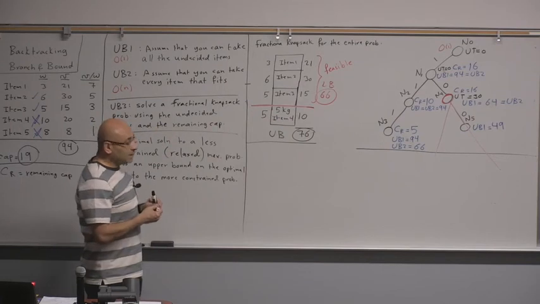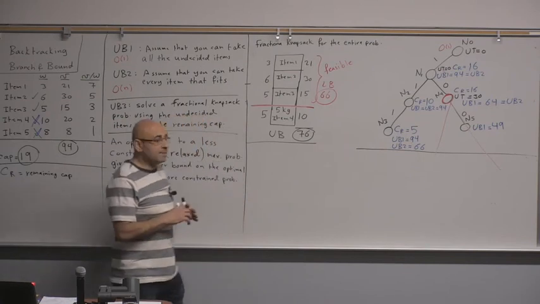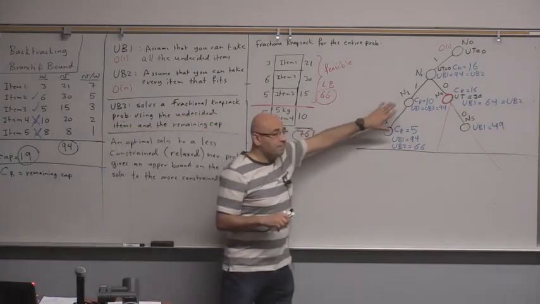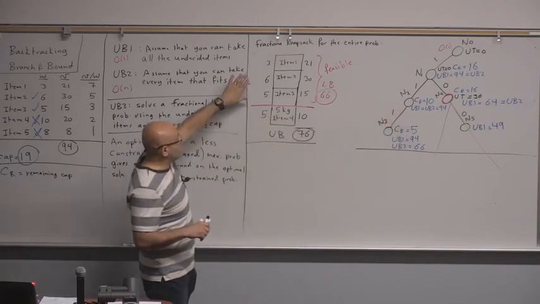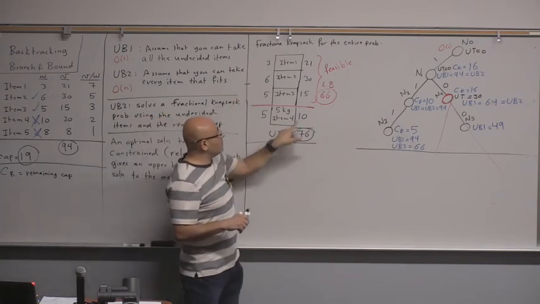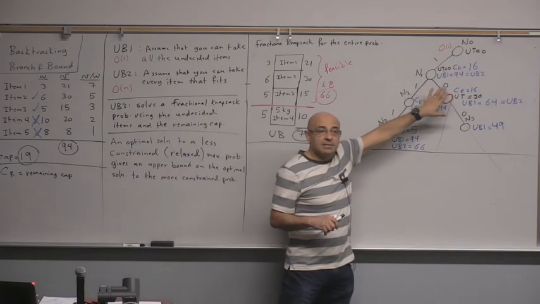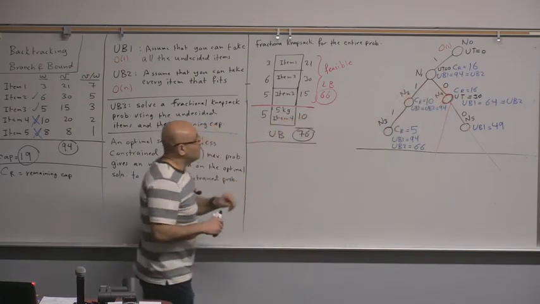So still we haven't seen how to use the fractional knapsack to do the upper bound computation during the enumeration, during the search. So far, all we have done is compute an upper bound and a lower bound before we start this search. We haven't started the search yet.